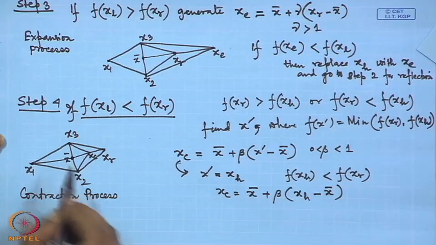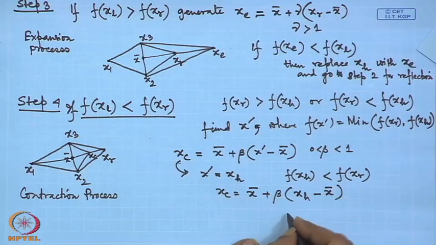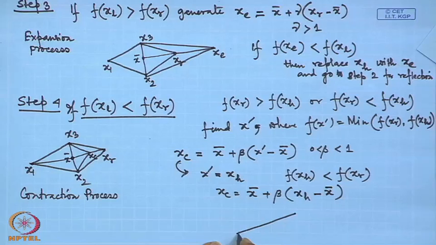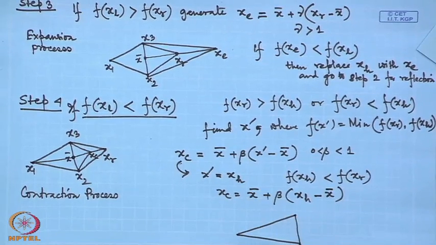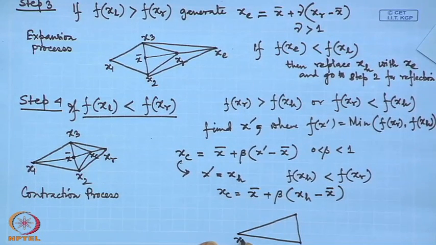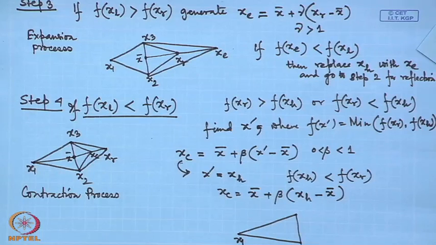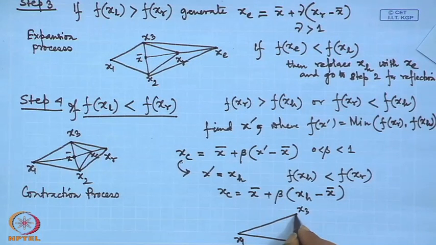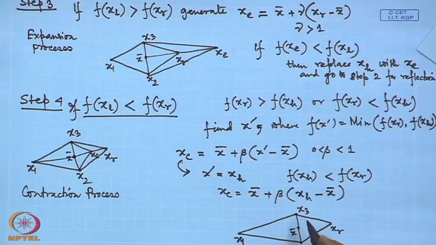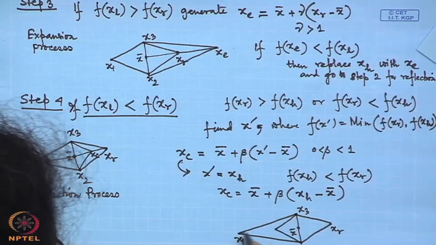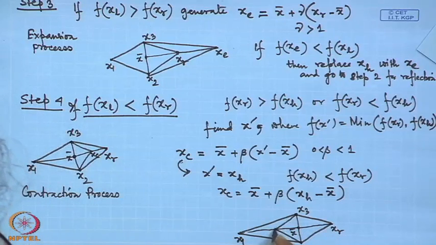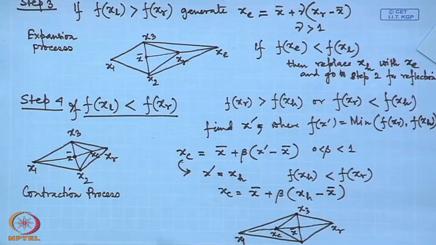That is why we will just move to the reverse point. That means if this is the initial simplex, x1, x2, x3, after reflection we have reached xr. This is my x bar, then beta is in between 0 and 1, that is why we will just move to this point, certainly in this direction. All right, this would be my xc, and this would be the case.